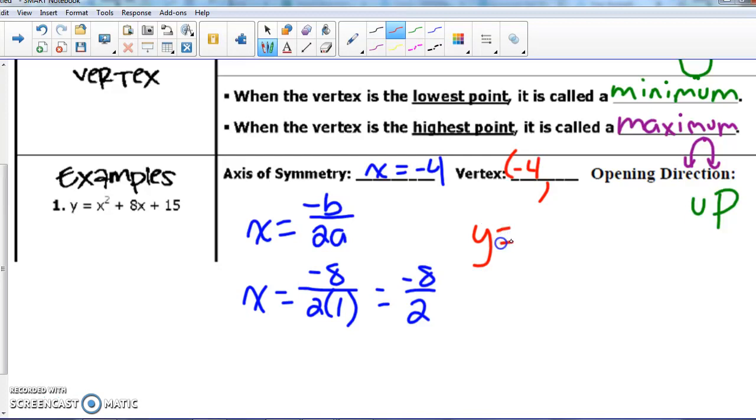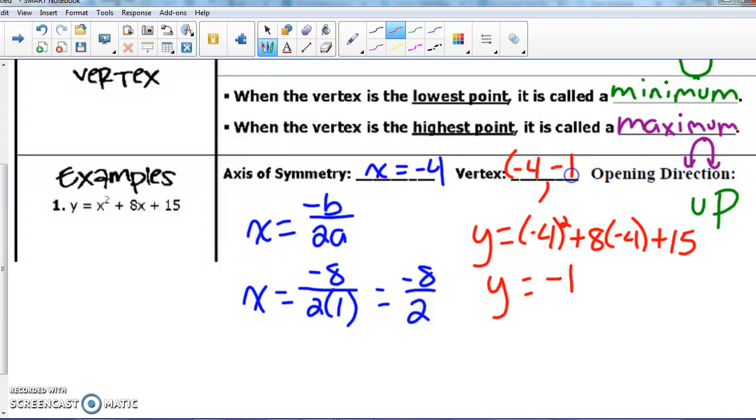So y equals x squared, or negative 4 squared, plus 8 times negative 4, plus 15. At that point, to find the y value, you can either plug that in the calculator, you can do it by hand, whatever is easiest for you, but one way or another, the y value should be negative 1. So your vertex is at negative 4, negative 1.